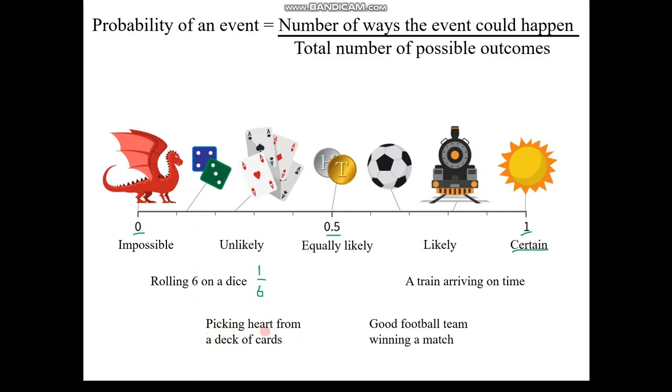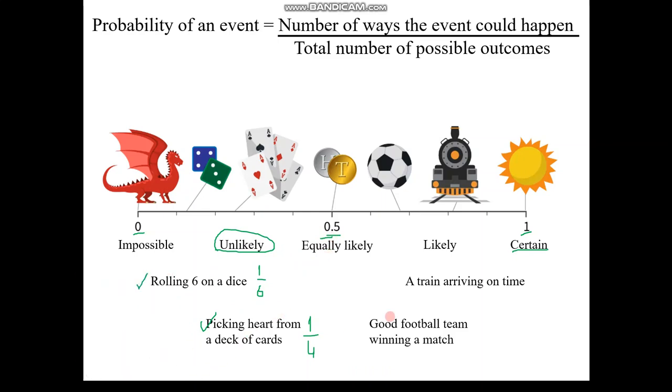Likewise, picking a card from this deck of cards is, yes, 1/4 because I have 4 cards here. And as you see, these two events are called unlikely events because they are less than half.